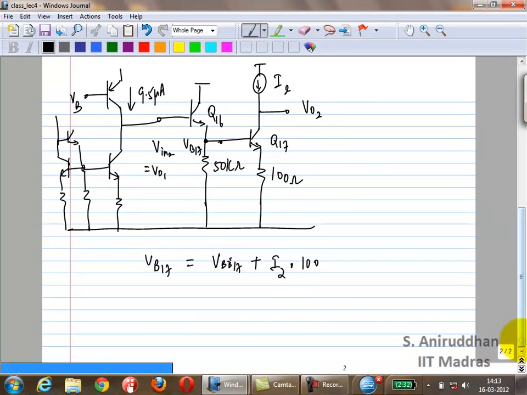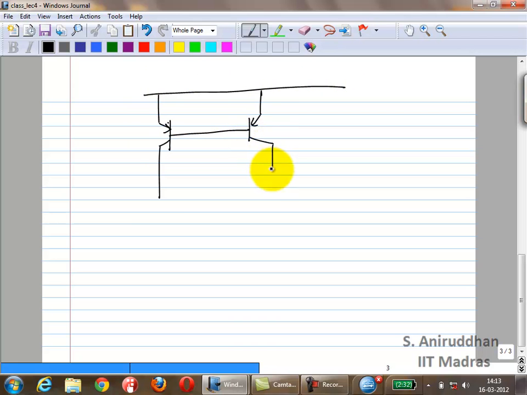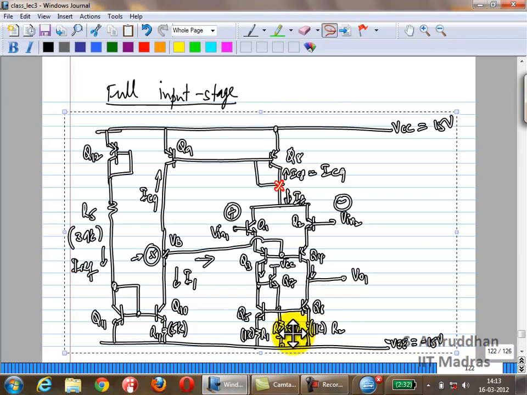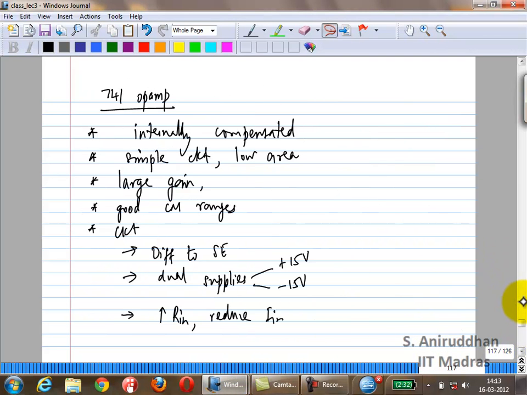Okay, you're going to create what is called a multi-collector transistor. I'm going to go back to yesterday's class.